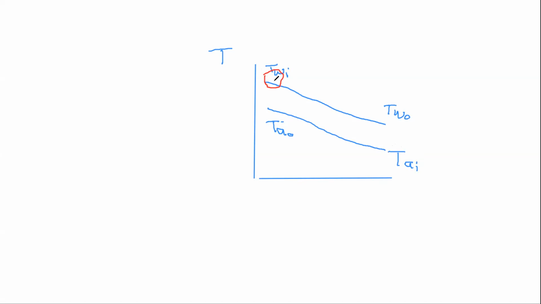Theoretically speaking, if we are talking about the minimum temperature of water that we can ever reach, what is the minimum temperature that you see in front of you here? The air inlet, the coolest inlet temperature.